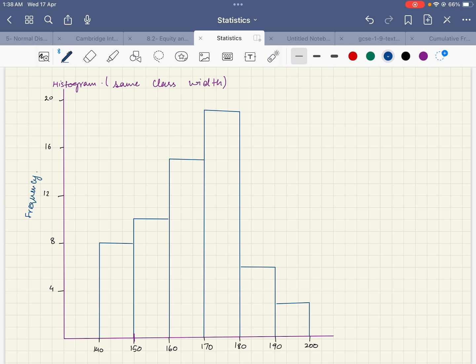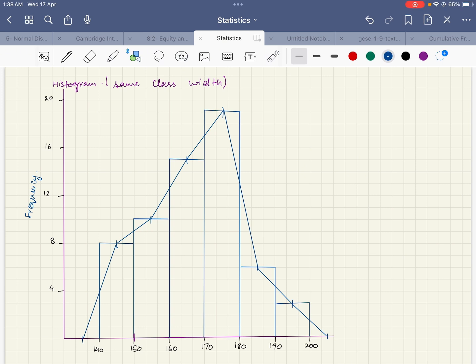If we mark the middles of these bars and join all of them, this becomes a frequency polygon. A frequency polygon is just the bars joined like this, but the bars are not visible. If you remove the bars and just keep this polygon, that is the frequency polygon.